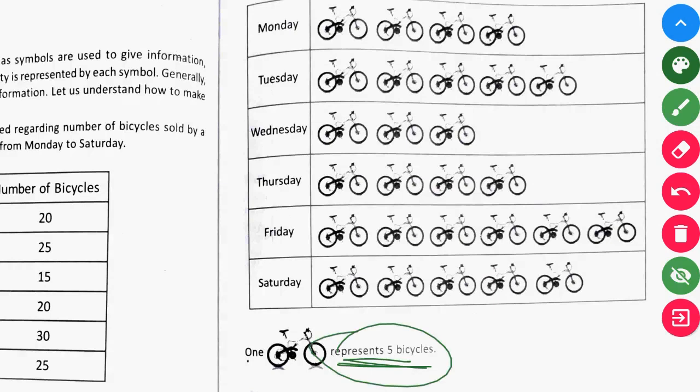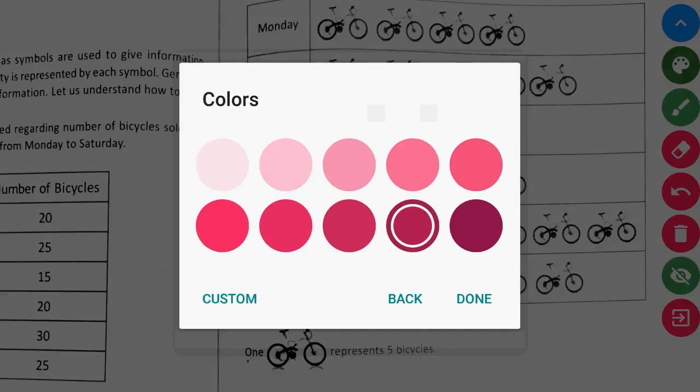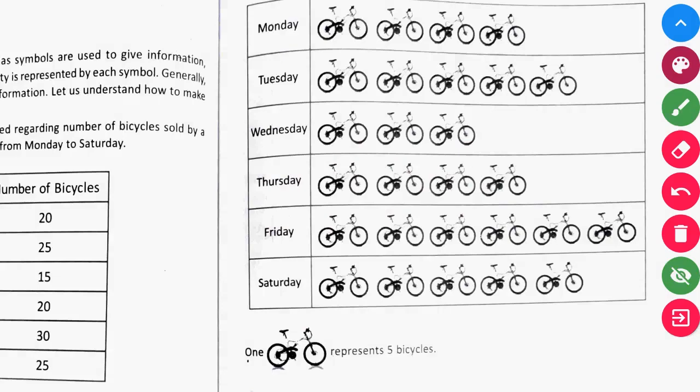Okay, it means that when we see the picture of one bicycle, there are 5 bicycles included in it. So on Monday, Tuesday, Wednesday, we can see how many bicycles are sold. On the basis of this information, we have represented it in a smaller, short form, and we can easily understand what's going on.